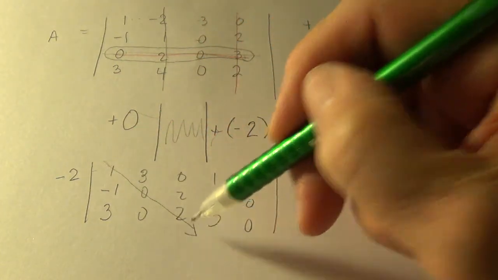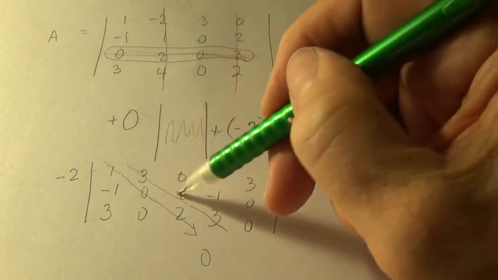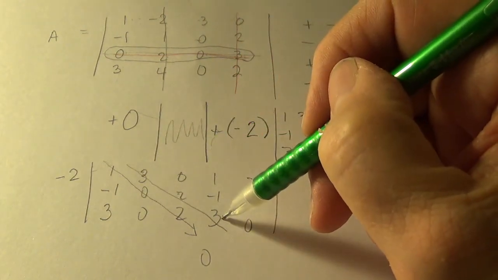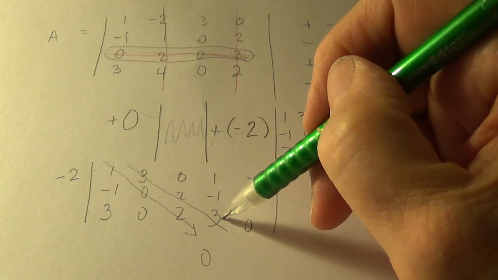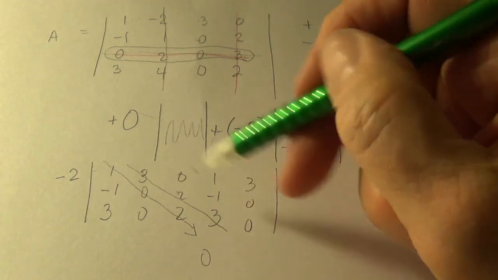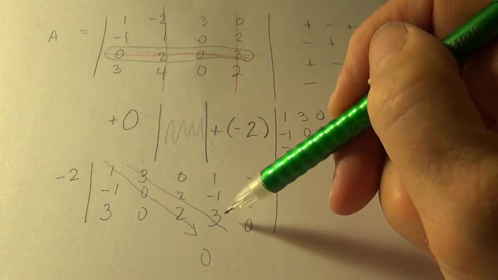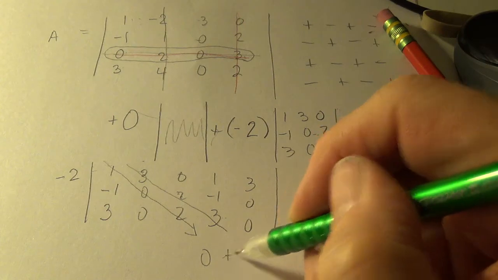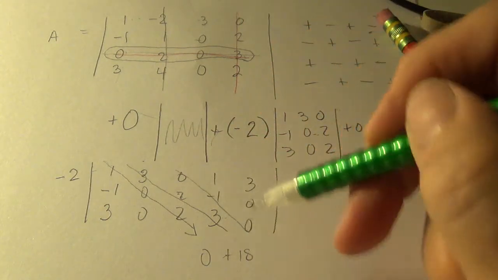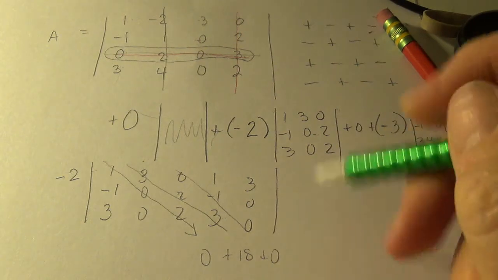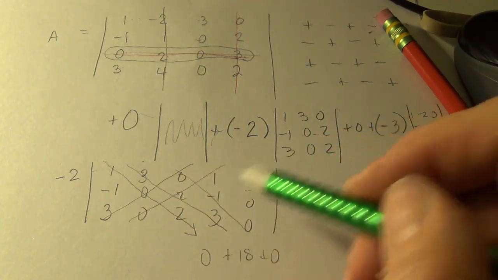This diagonal gives me a 0. This diagonal, 3 times 2 times 3. So I get 3 times 2 is 6 times 3 is 18. And the next one has zeros in it. So I get an 18 along here. Let's go back, 0 in that one, 0 in that one.